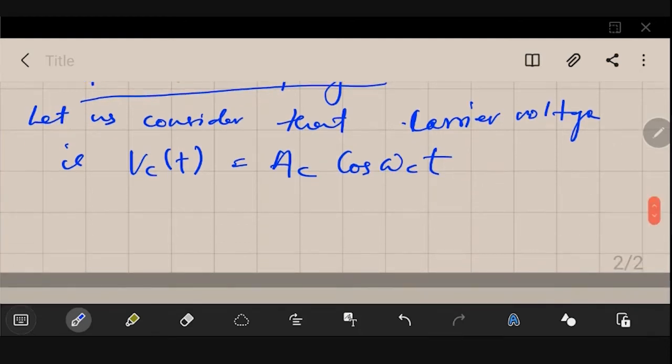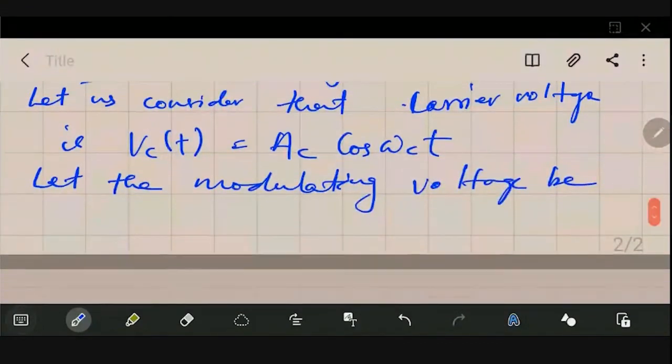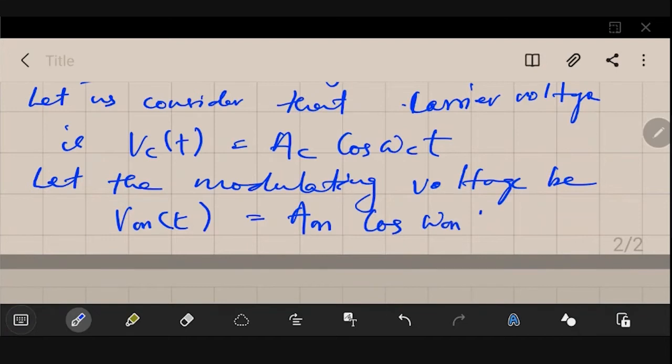Then similarly, let the modulating voltage be expressed as Vm(t), which is equal to Am cos ωmt. So we have got the two input signals. Now let us look at the V-I characteristic of the diode.